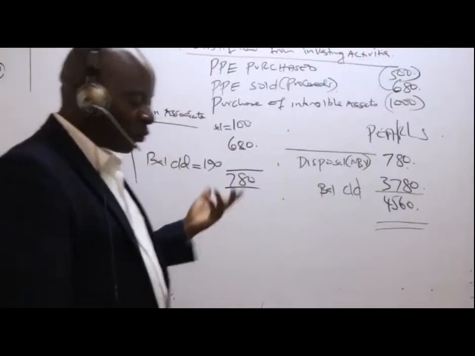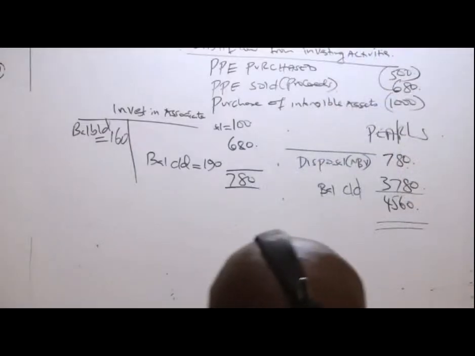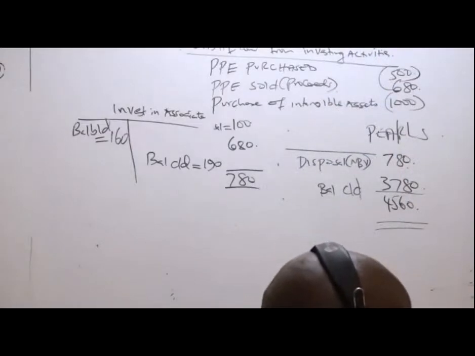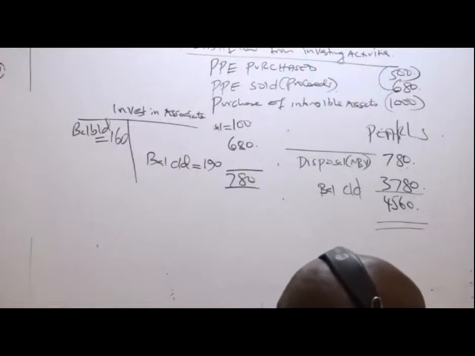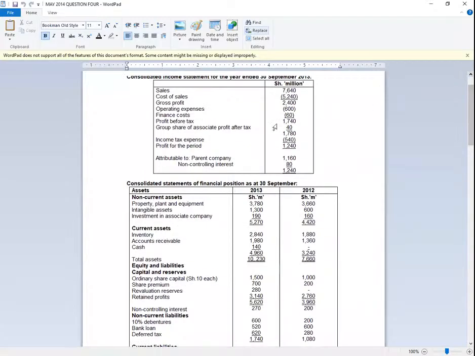From your income statement, are you able to see any income that came to you in the period from your associate? You can see group share of associate profit after tax. Are you able to see this figure?